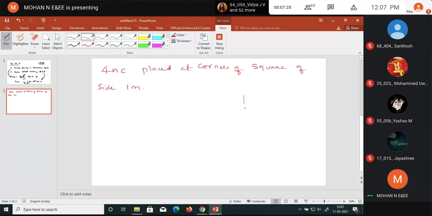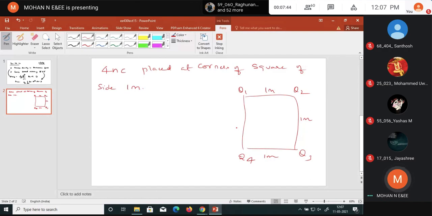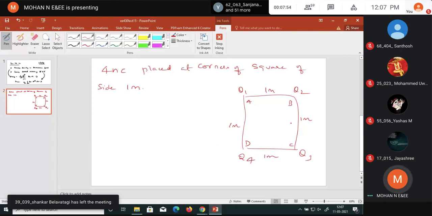So let us have a square like this: Q1, Q2, Q3, and Q4, and they are at a distance of 1 meter apart. You are required to find the energy stored in this system of charges.